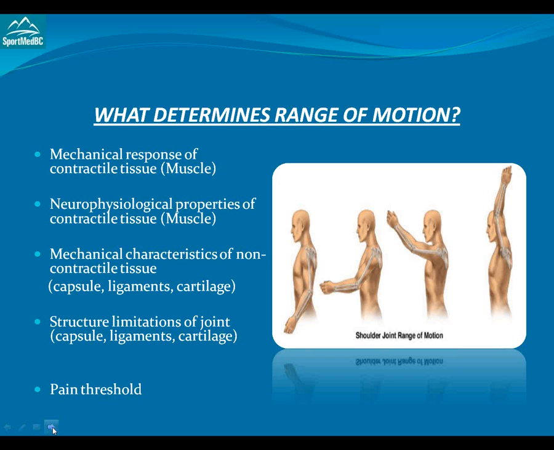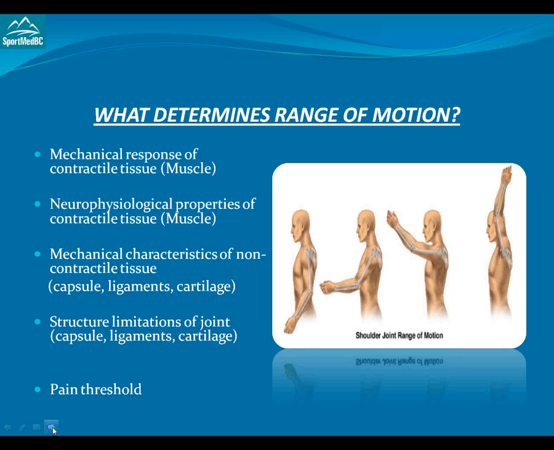But from a physiological perspective, the mechanical response of our contractile tissue will affect how much range of motion we have. So there we're talking about muscle as being our contractile unit. It has the ability to expand and contract through muscle contractions.